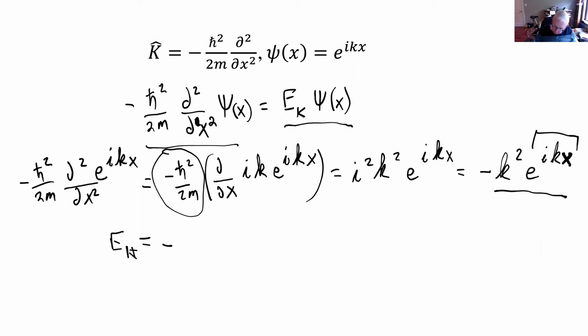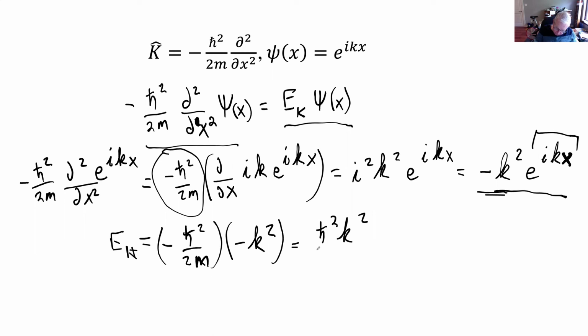So I need to multiply my minus k squared piece by that because that got lost along the way. And so my kinetic energy is actually going to be equal to minus h bar squared over 2m, that's the piece from the constants, and then I have to multiply that by minus k squared. And when I do that, I'm going to get h bar squared k squared over 2m.